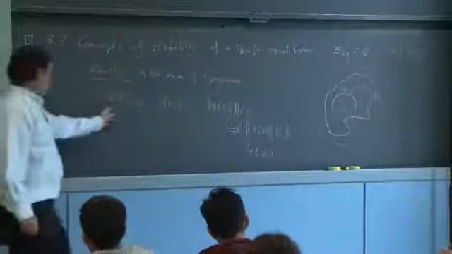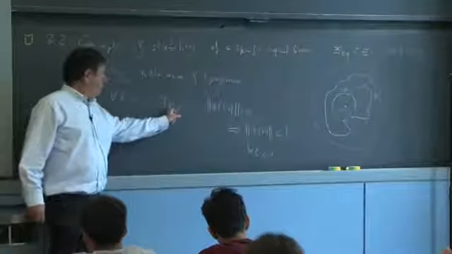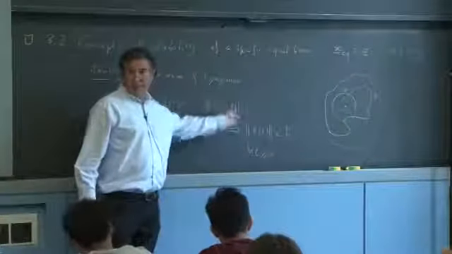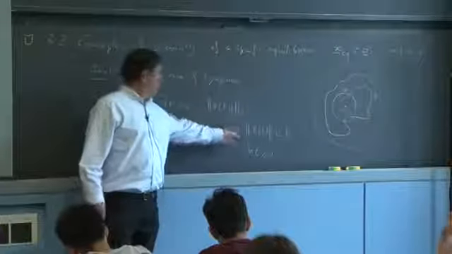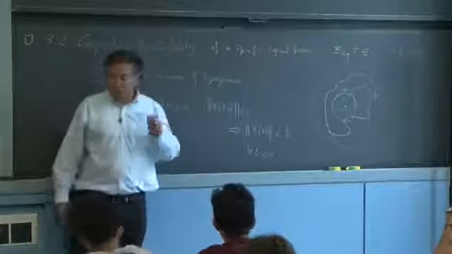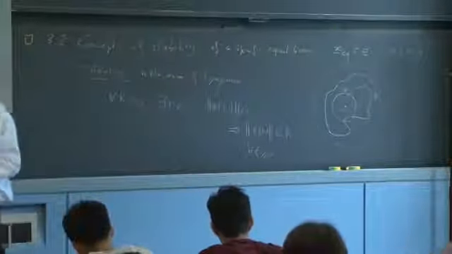So for any capital R, there exists a small r such that if initially you're in the small ball, then you never get out of the big ball.